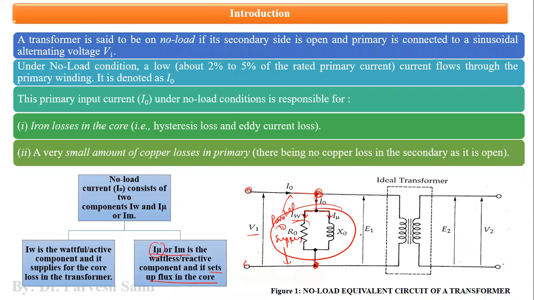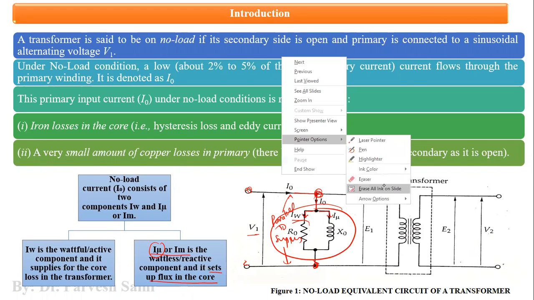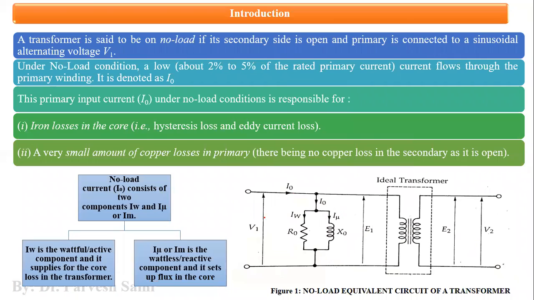As you can see in this diagram, this particular element X naught is parallel to V1. So here also the voltage will be V1, and here also the voltage is V1, right?